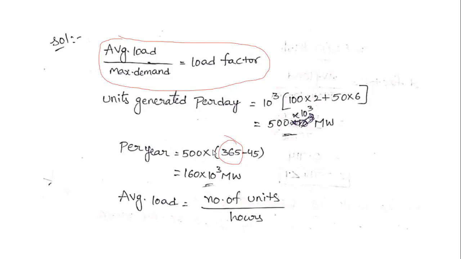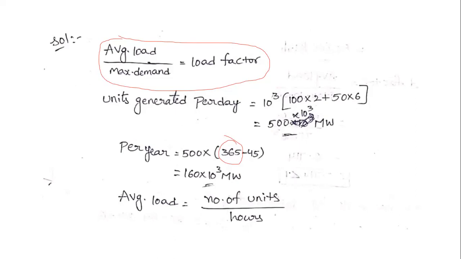Therefore, 500 into 365 minus 45 will be equal to 160 into 10 power 3 megawatt-hours. This is the number of units generated per year.